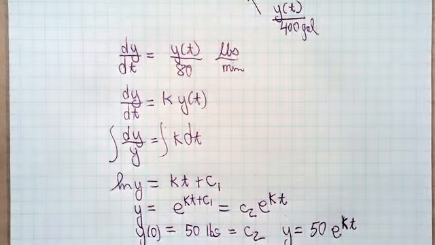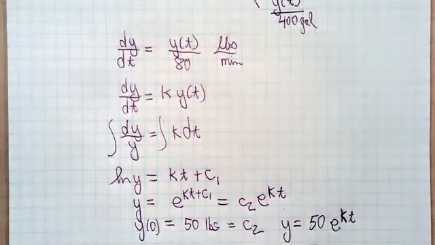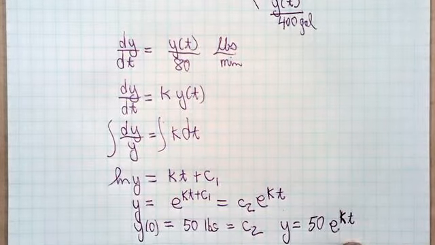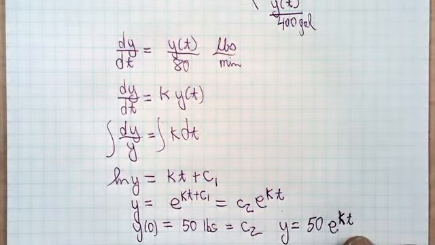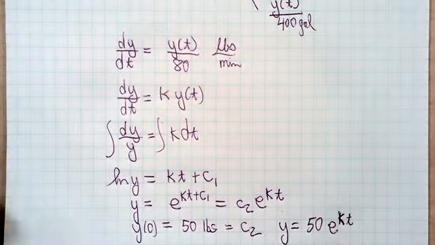I know if you take the limit as t goes to infinity, you get 0, right? Which means that this k must be negative, but we could have guessed that. The amount of salt is being reduced, so this function should be getting smaller rather than larger with time. So I do know this.